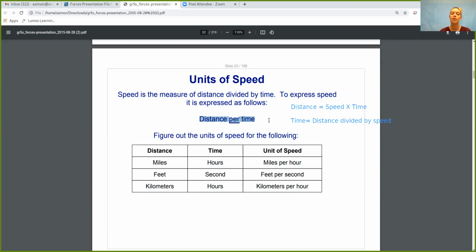So for example, if we are given a distance in miles and a time in hours, our unit of speed is going to be miles per hour. If we're given a distance of feet and a time of seconds, our unit of speed is going to be feet per second.